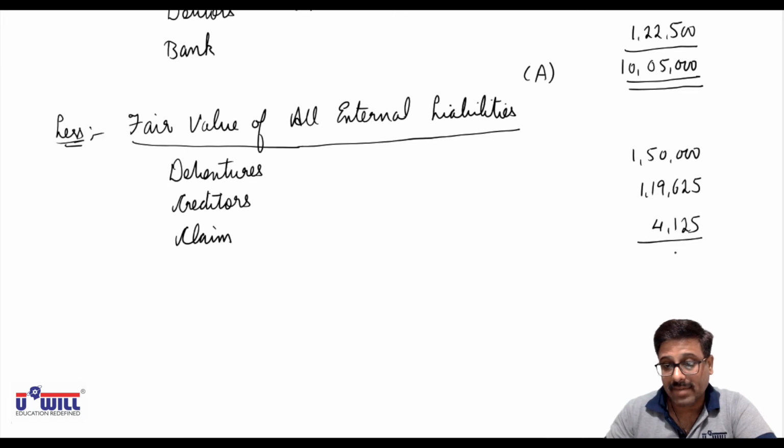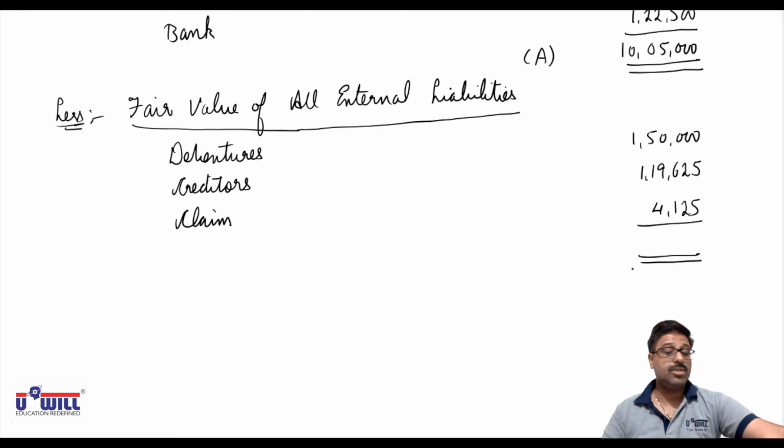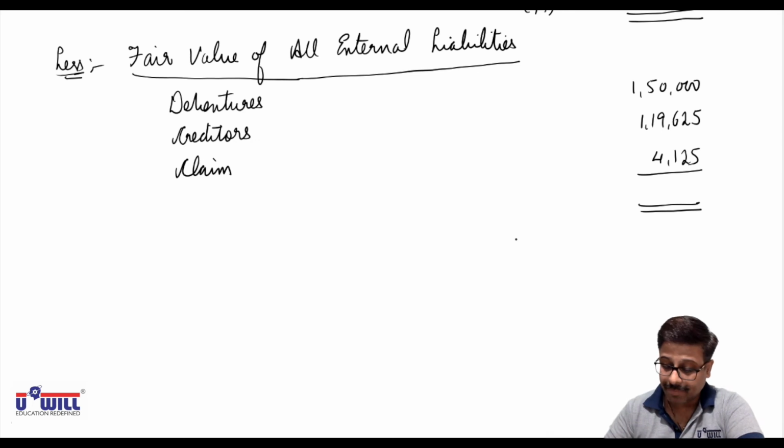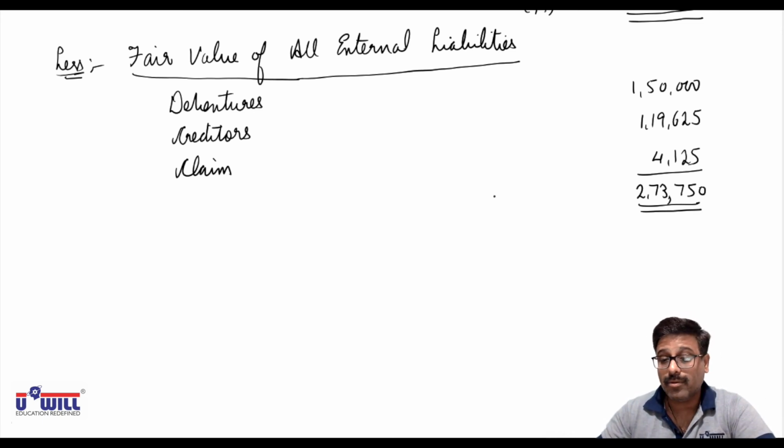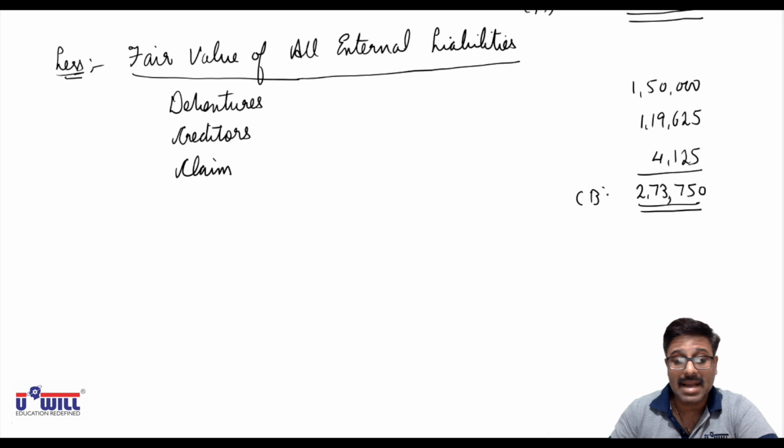Okay, claim is one more new liability that we have come across from the adjustments, that is also to be included. So 1,50,000 plus 119,625 plus 4125, that is 273,750. So this will be treated as B, fair value of all external liabilities.